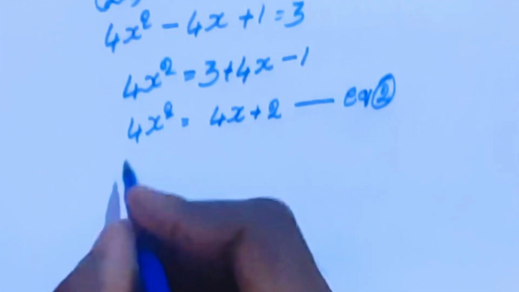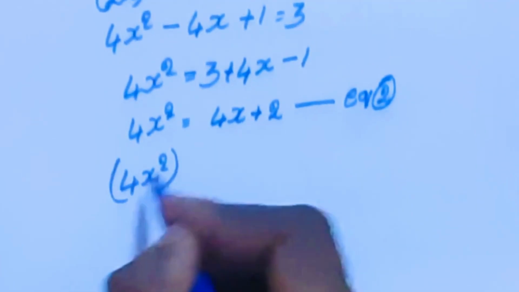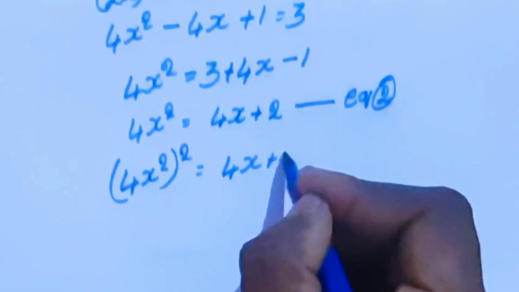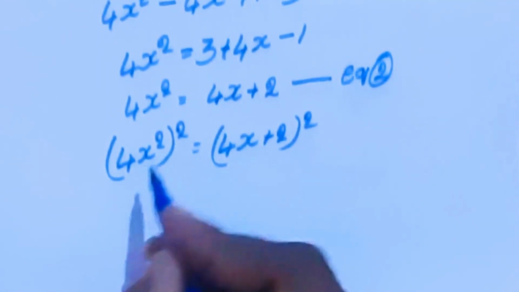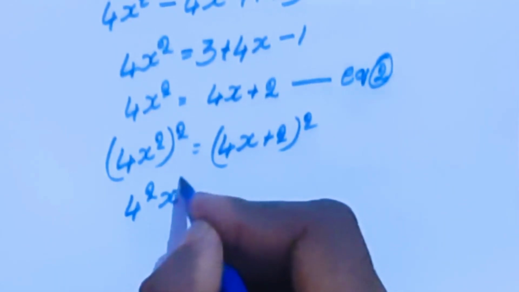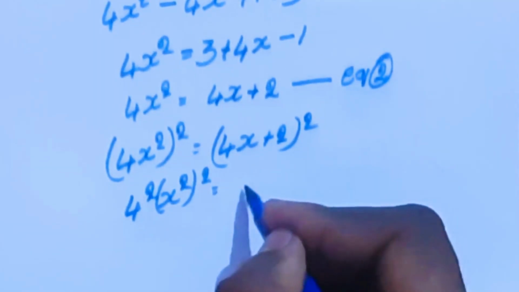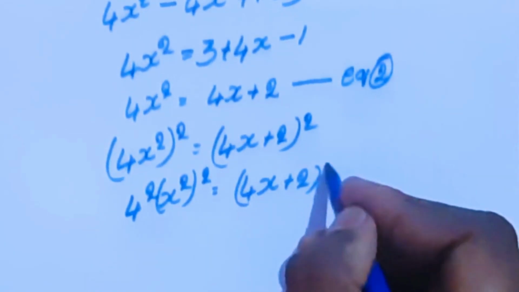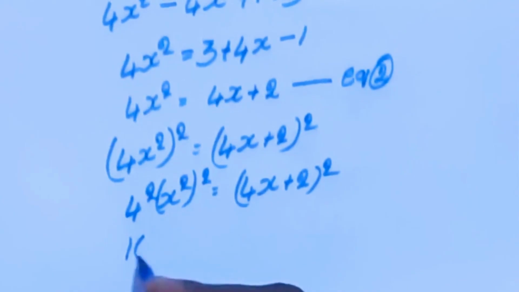Take a square on both sides, so (4x²)² = (4x + 2)². Now apply here: 4² (x²)² = (4x + 2)². 4 to the power of 2 is 16.